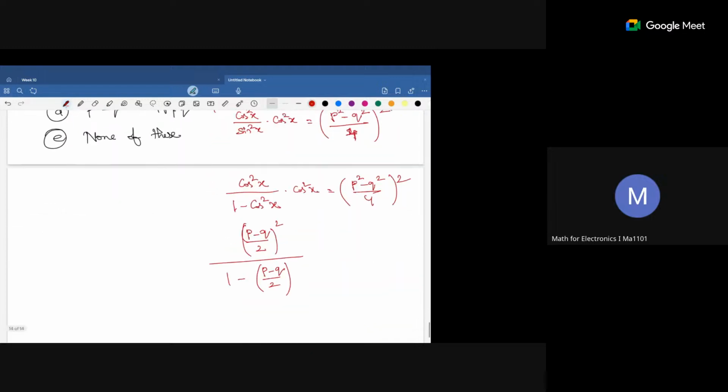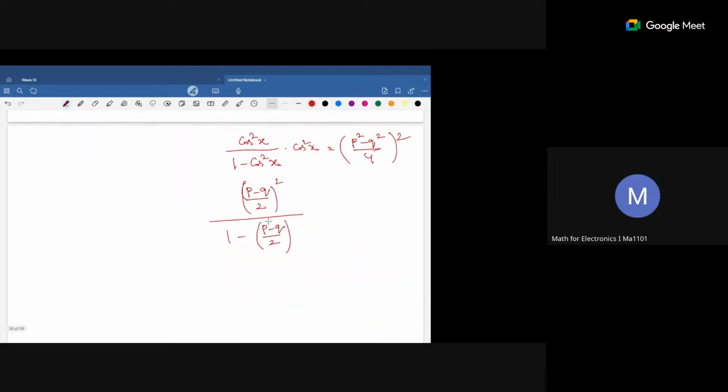Okay, this is just a try, let's see whether we get anything. So we have ((p square minus q square) by 4) whole square on the right hand side. It looks a little complicated.